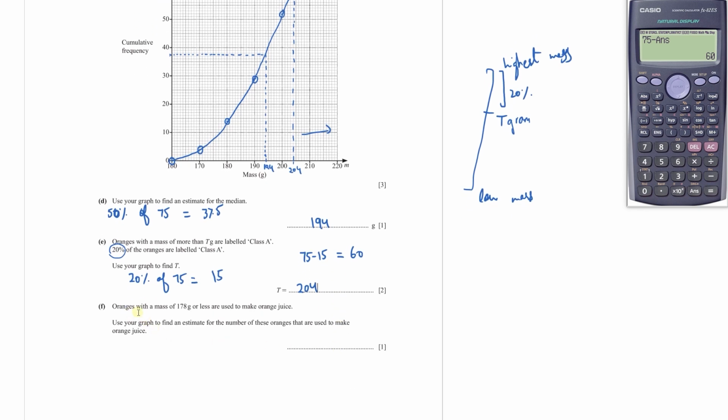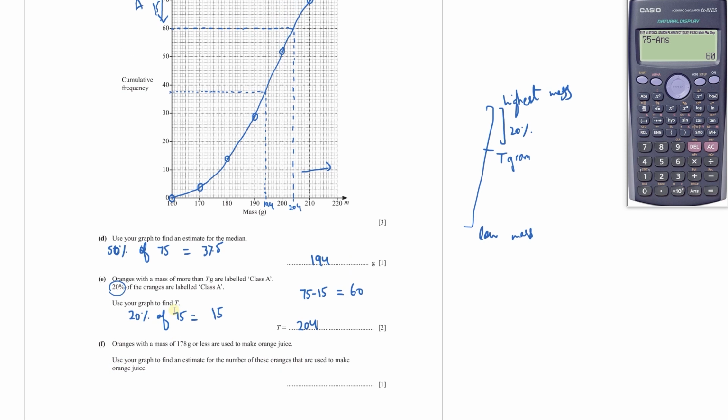Part F is oranges with a mass of 178 grams or less are used to make orange juice. Use your graph to find an estimate for the number of these oranges that are used to make orange juice. So the mass is 178 grams. So if you look at 175, 176, 7 and 8. So this is 178 and we have to find the number of oranges.